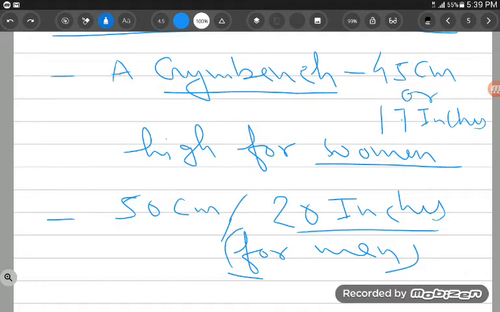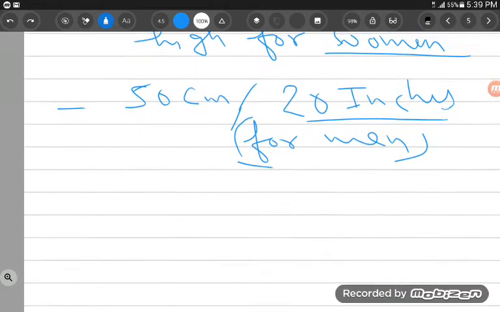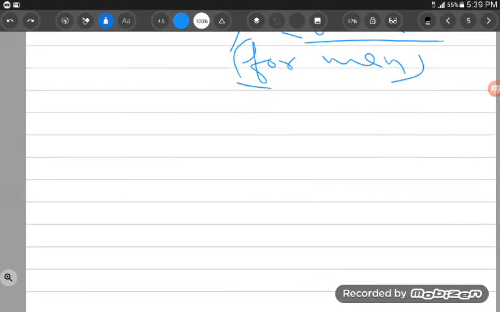Okay, in case you organize this test in your school, check the stairs. When a gym bench is not available, you can take this test on the stairs.